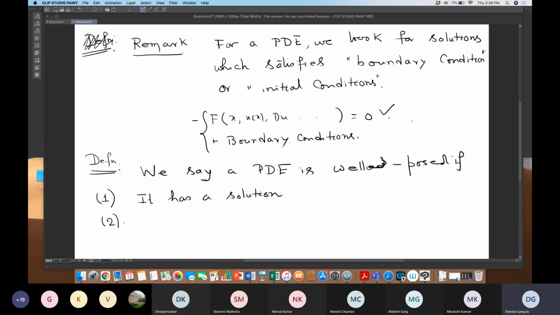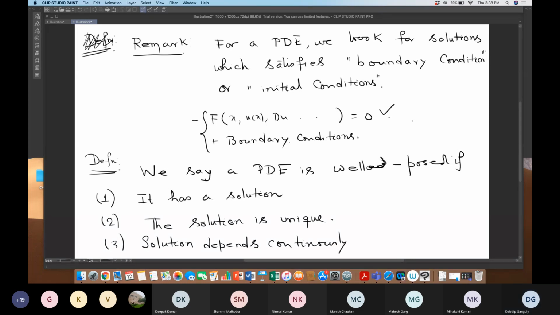Second, the solution is unique. And third, the solution depends continuously on the initial condition.